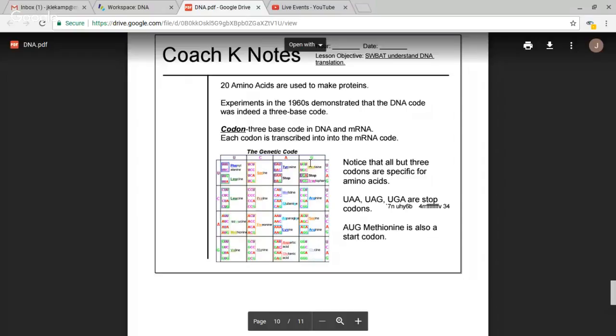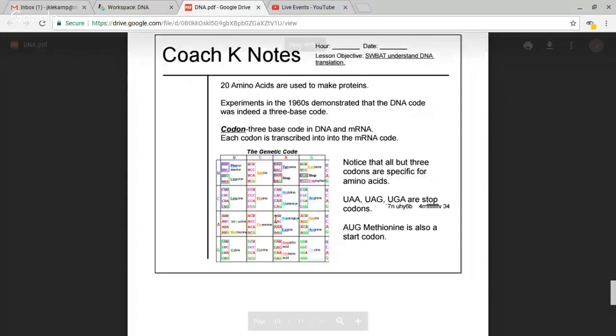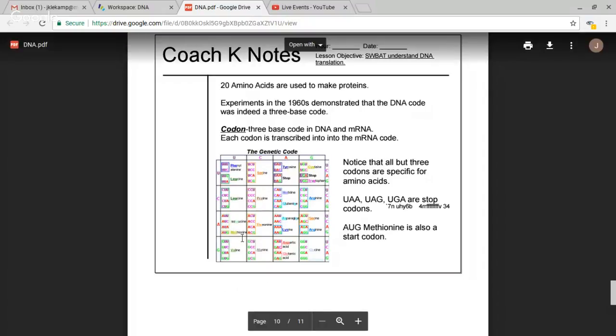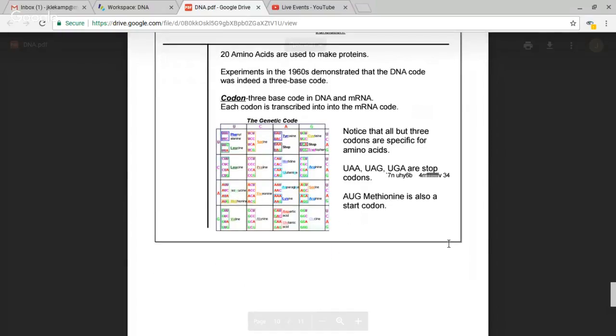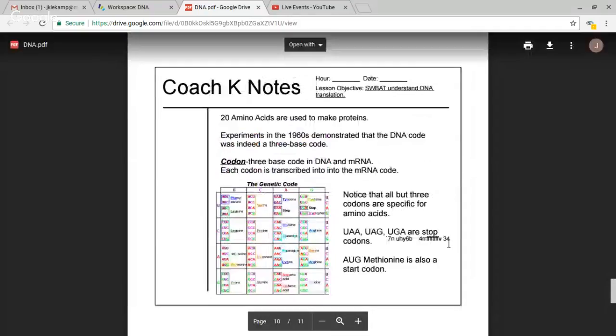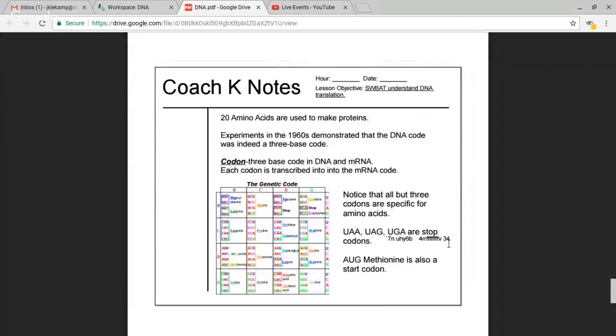So we'll have some more practice with this, but as you can see, if I went UUG, this first one, it would be leucine, I think is what I'm reading there. So this would be your first base, this would be your second base, and then you would have a third base matching up over here. So for instance, I gave you AUG. AUG is the last one, it'd be methionine. So that's how you figure out translation. We put them together like that into long chains, and that is how we make proteins.